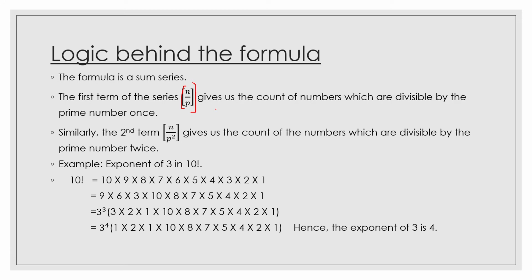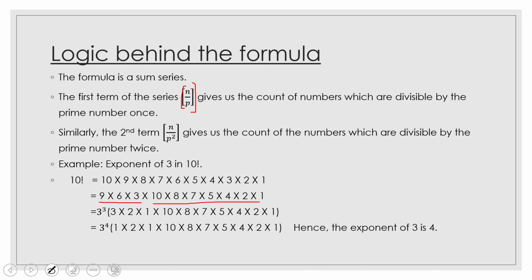For example, if we wish to calculate the exponent of 3 in 10 factorial, we can write 10 factorial as 10 into 9 into 8 into 7, continue till 3 into 2 into 1. Now, we can take all the multiples of 3 on one side, which are 9, 6 and 3, and write the rest on the other side.